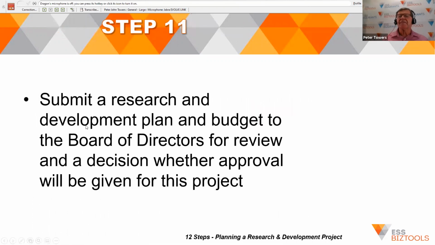Step 11. As part of the systematic progression of work, the tax office and AusIndustry expect that the application for approval to undertake a research and development activity should be approved. It should be submitted to the board of directors, or for a larger company, to a senior executive who has been delegated this responsibility by the board of directors.